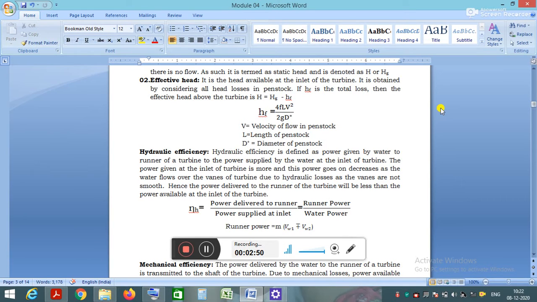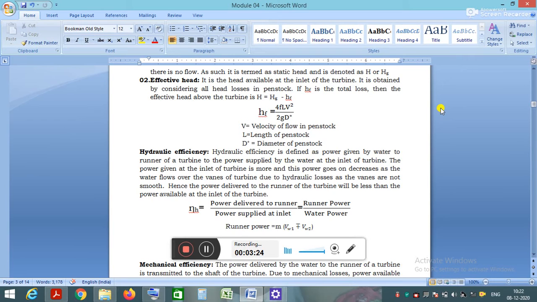There will be some friction between the water and the blades, and not all the water which comes out of the nozzle comes in contact with the blades. Due to this, some kinetic energy of the water will be lost, which is not utilized, due to which the runner power is always less than the water power, and the ratio of runner power to the water power is called the hydraulic efficiency.